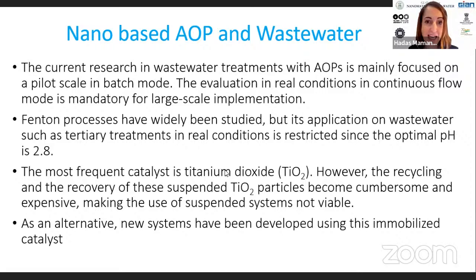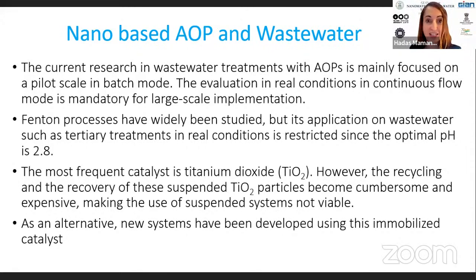Now, the nano-based AOP for wastewater treatment. The current research in wastewater treatment with AOPs is mainly focused on a pilot scale, maybe, but usually in batch mode. The evaluation in real conditions in continuous flow mode is mandatory for implementation. Fenton processes have widely been studied, but their application on wastewater, such as tertiary treatments in real conditions, is restricted since the optimal pH is 2.8.